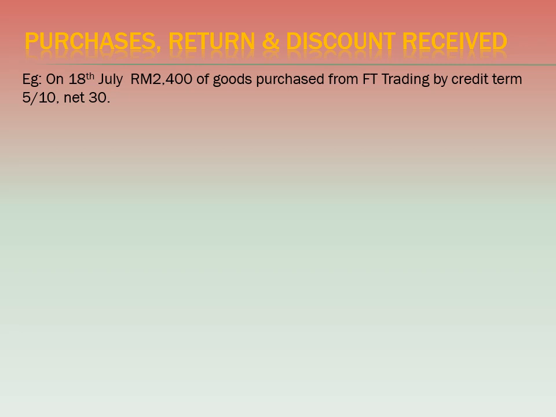That is, the 28th of July is the last day you are entitled to the 5% discount. Otherwise, you will pay the full amount, and the maximum days that you can delay the payment is 30 days.